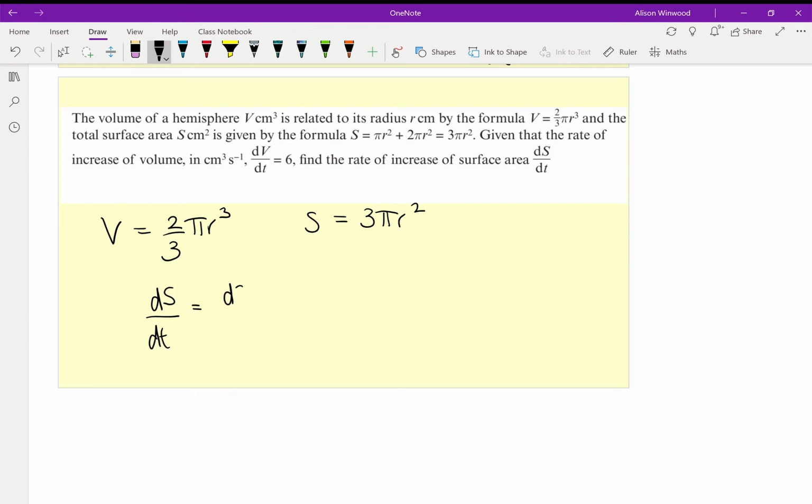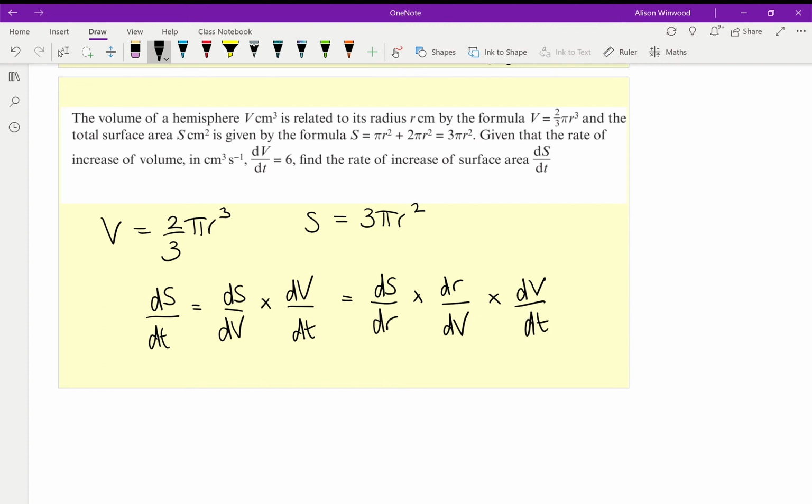So we can split our dS by dt and introduce a new variable. Well, obviously we know something about V, so if we introduce V, we then know dV by dt is 6, but we don't know dS by dV, and we don't have a formula for S and V. So we're going to repeat the process on dS by dV by introducing another variable that we do have, which is r. dS by dr, dr by dV, and then dV by dt.